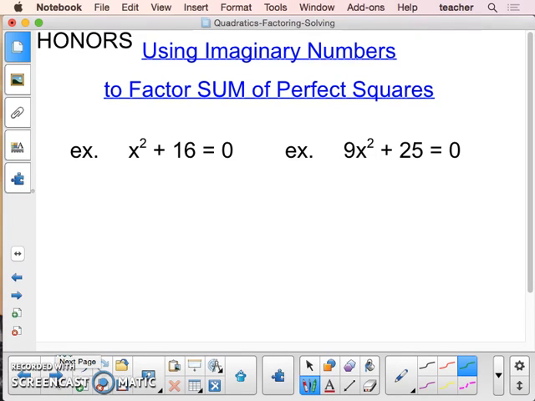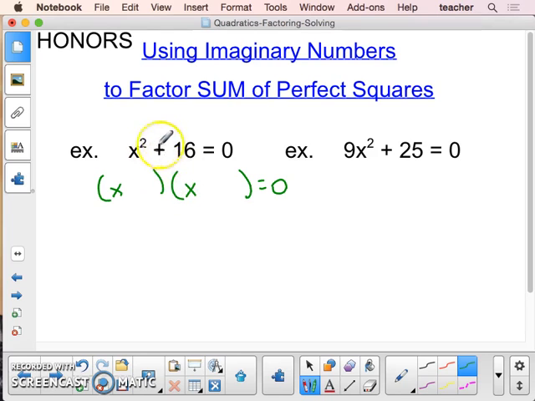The last special pattern uses imaginary numbers so that we can not just factor the difference of perfect squares, but the sum of perfect squares. And the way we do that is using i, because again, we have no middle term. So in a perfect scenario, if this was minus, you would have x minus 4, x plus 4.